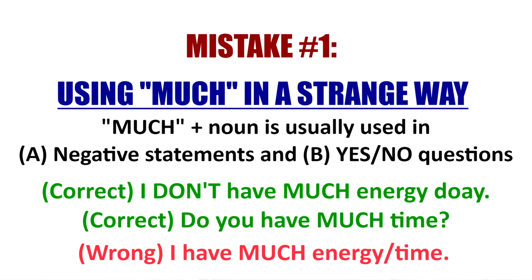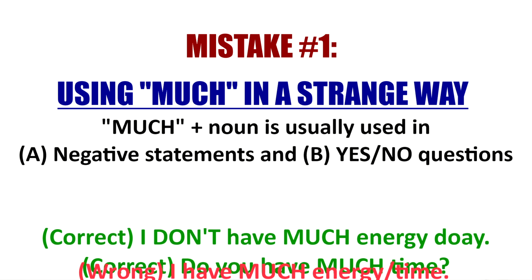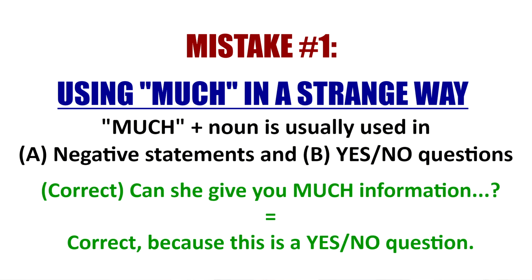Another example. Do you have much time to help me? That's fine. But if I said I have much energy or I have much time, this is strange because it is a positive statement. And once again, we usually use much in negative statements and questions. Another example, can she give you much information about the project?